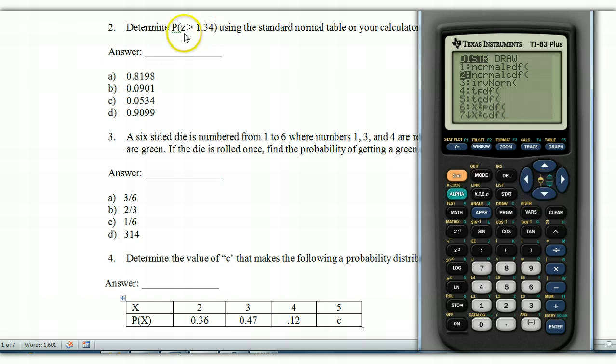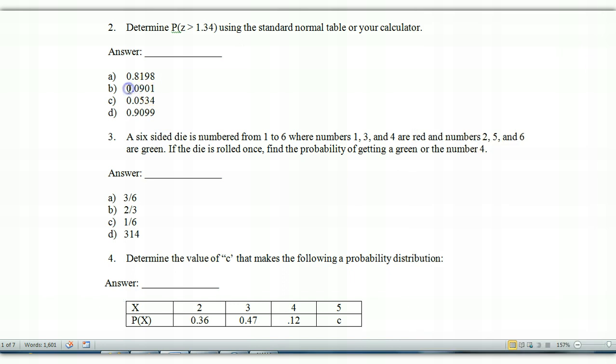If it's Z, it would be normal CDF. Then we would do 1.34, comma, 999. That's 0.0901, so that would be B.